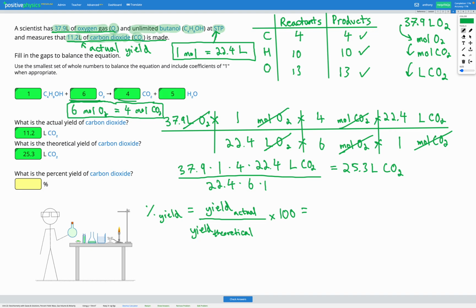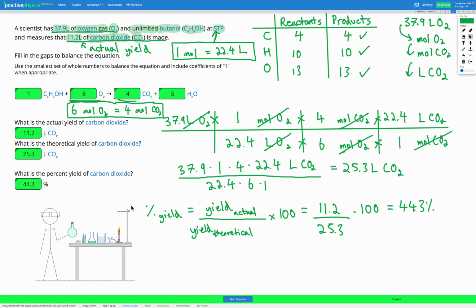So our actual yield was 11.2 liters of carbon dioxide divided by our theoretical yield, which is 25.3 liters of carbon dioxide, multiplied by 100. So if we put that into our calculator, we're going to get out a percent yield of 44.3%. So let's go ahead and fill that out to check we got it right.